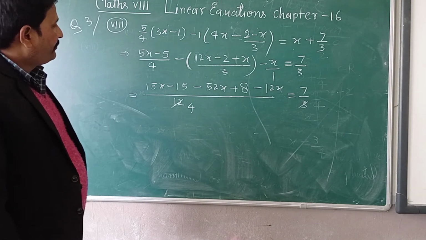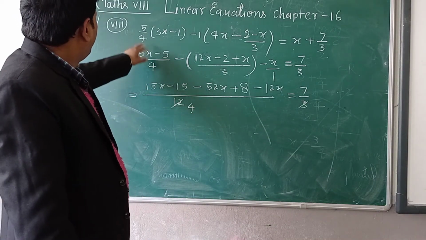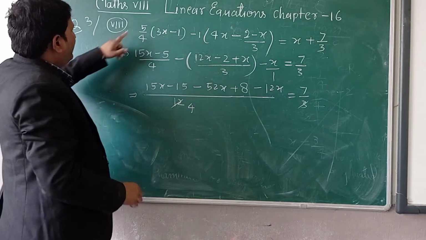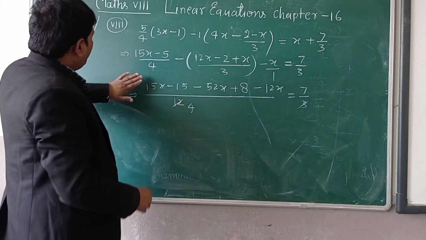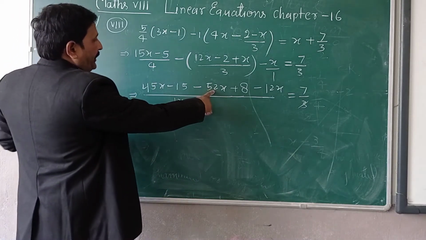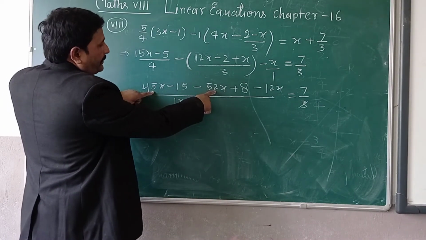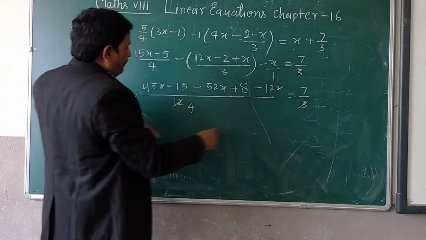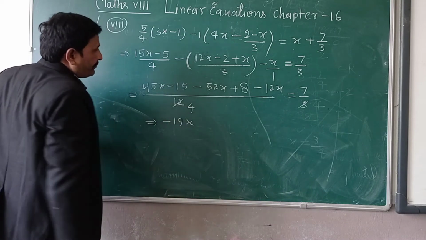What will come? 5 3s are 15x, minus 15 again by 3, 45. See 52x plus 45x minus 7x minus 12x is minus 19x.